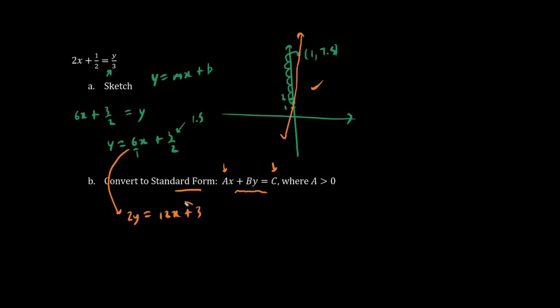So let's throw this constant over here, and let's throw this 2y term to the right. So we have 12x minus 2y equals negative 3. This is called standard form. Do not confuse it with general form, where everything is thrown over, equals 0.